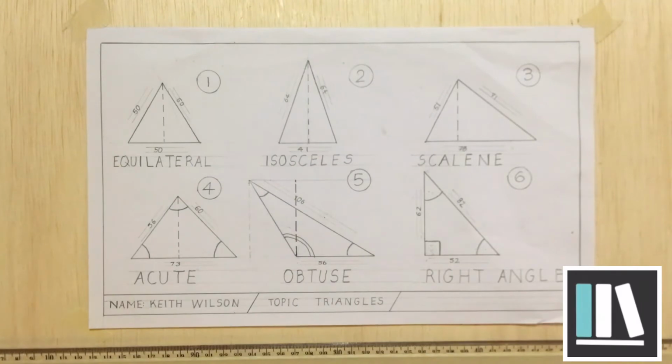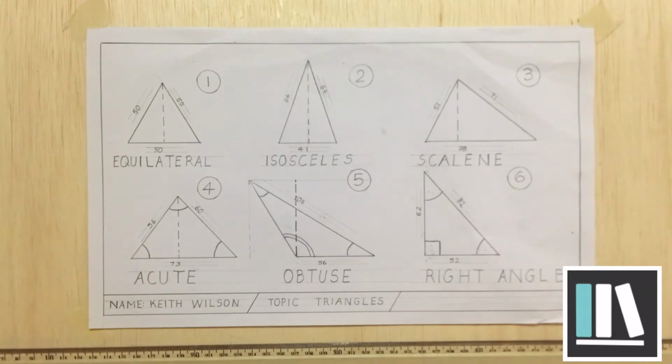So if you know the first 2 angles of a triangle, you can determine the third angle by adding the sum of both and taking it away from 180.